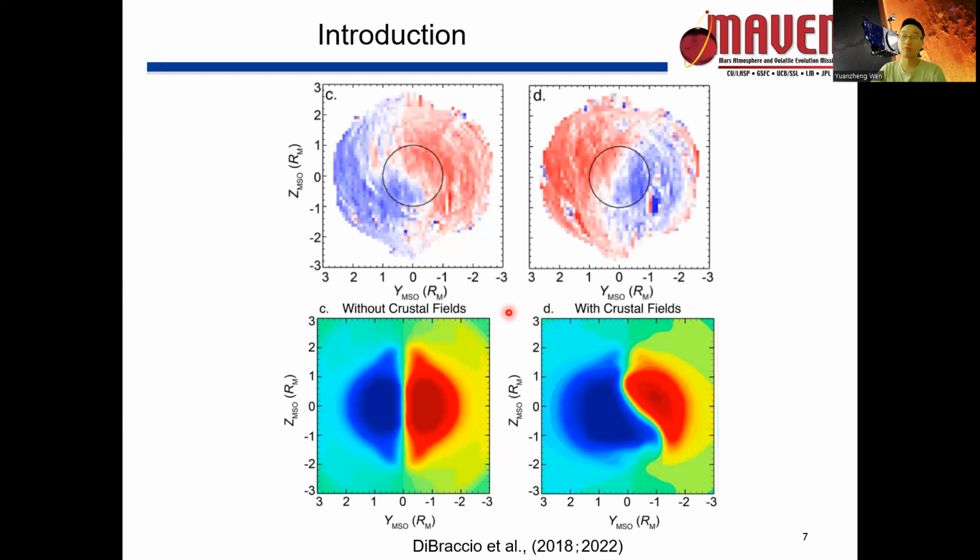Studies by Xu et al. in 2018 and 2022 found the twist structure in the Mars magnetotail based on both MAVEN observations and simulation. And it turned out the twist structure is actually caused by the crustal magnetic fields.